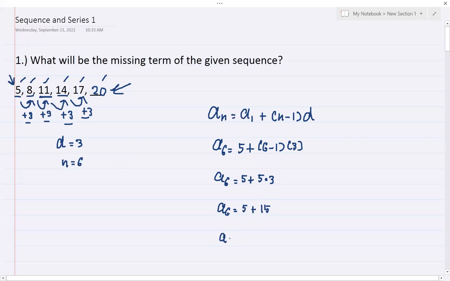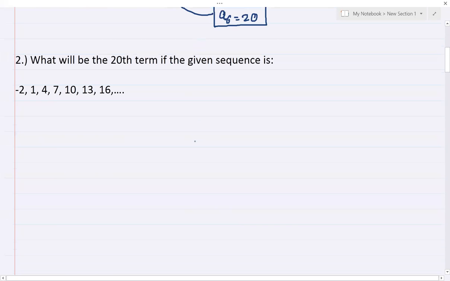And then let's add them together. 5 plus 15 is 20. So this is your answer. See, that's it. All right. So let's proceed to the next problem.